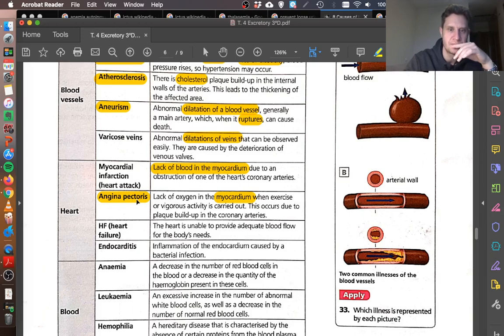Yes, so it's the plaque built up in the coronary arteries.